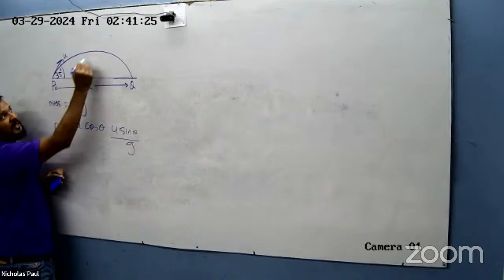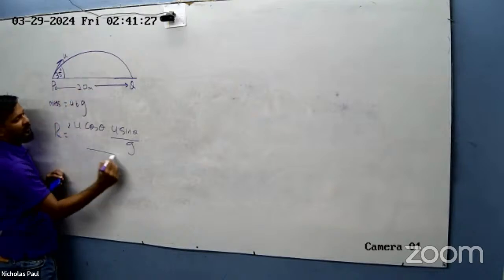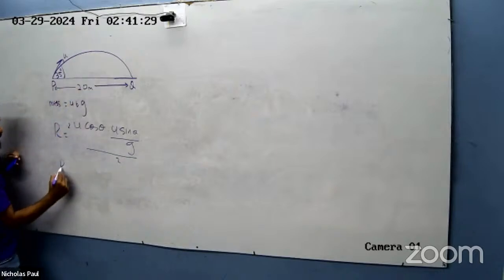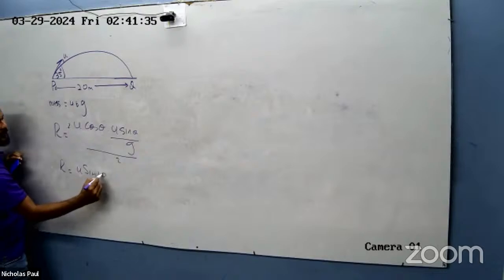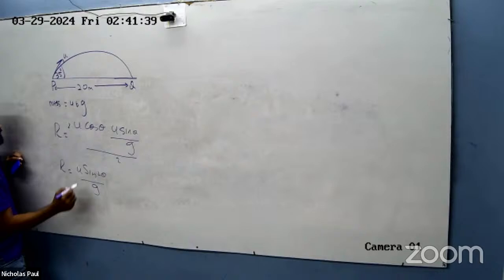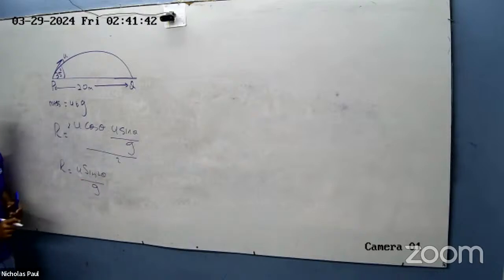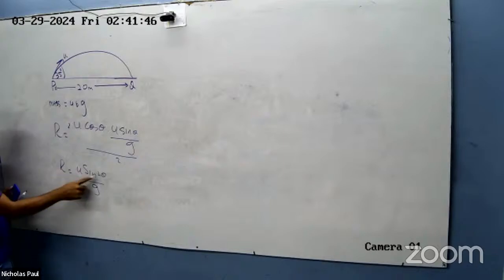And that will be the time to reach here, so it's double that. So I think the formula is R is equal to u squared sine 2 theta all over g. But that's the formula you have to memorize, right? So you know R, you know theta, and you know g. You can solve for u.